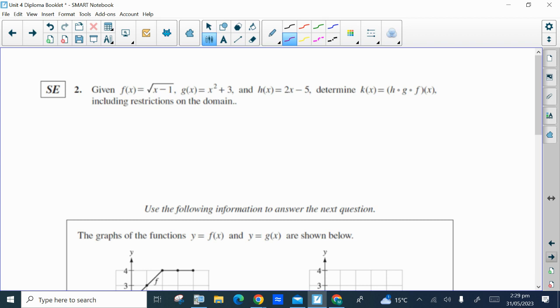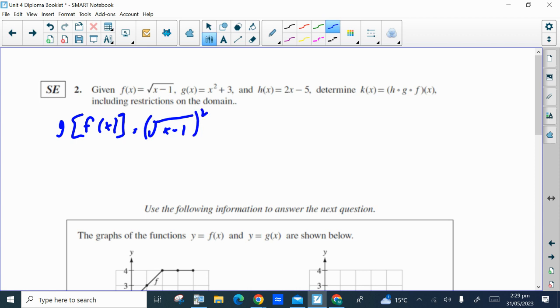Now again, you have to remember to do these, you work from the inside out. So I would start by first doing g at f at x, which means that f is embedded into g. So f, which is the root of x minus 1, is put into g. Wherever we have the variable in g, which is the x that's squared, we replace it with f, which is the root of x minus 1.